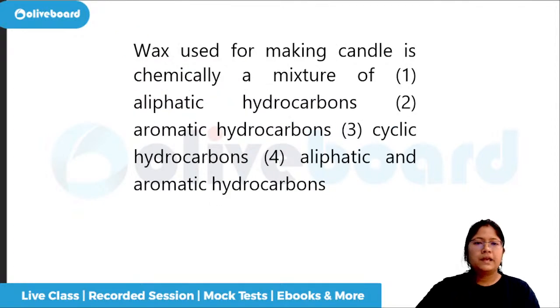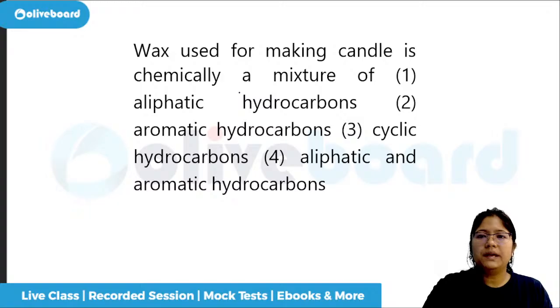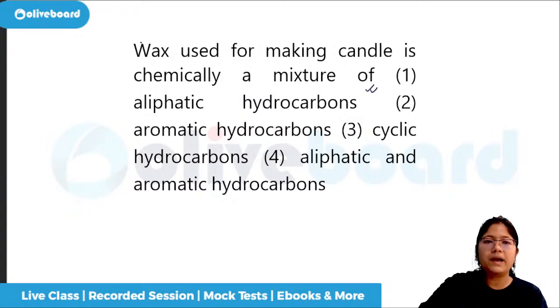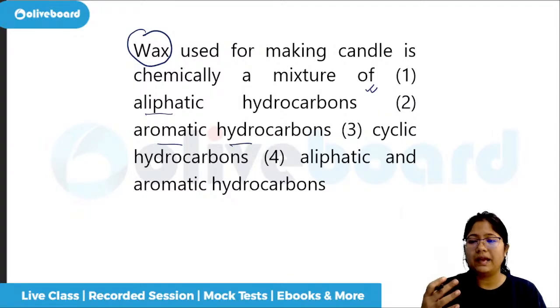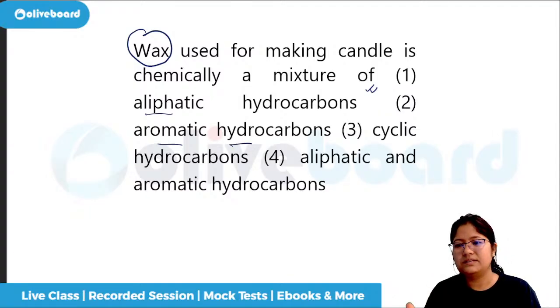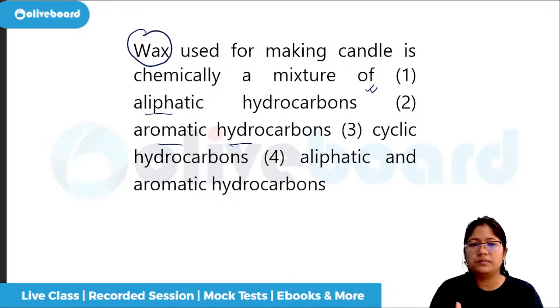All right. Wax used for making candles is chemically a mixture of aliphatic hydrocarbons, aromatic hydrocarbons. Aroma is later added for the different fragrances. The word aroma means something which is good in terms of smell.